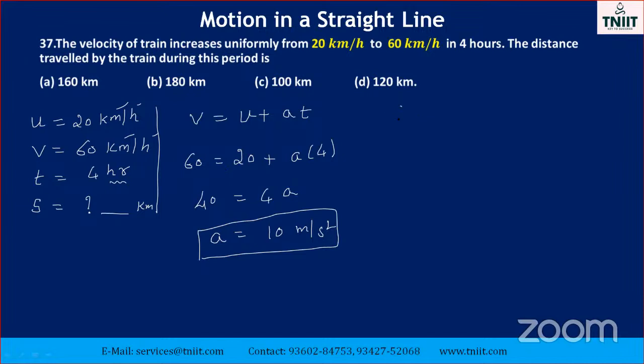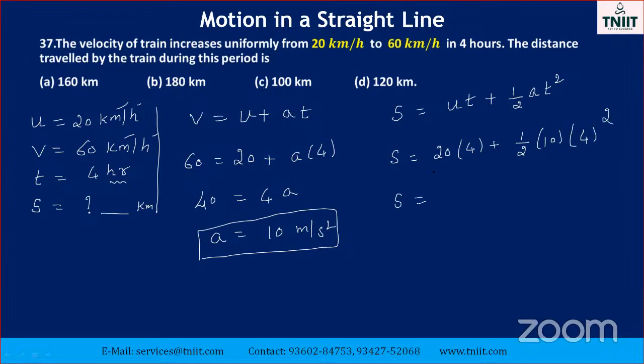Now, to find the distance covered, you can use the formula s is equal to ut plus half at square. So s is equal to initial speed is 20. The time taken is 4 plus half into acceleration, that is 10 into t squared, that is 4 square.